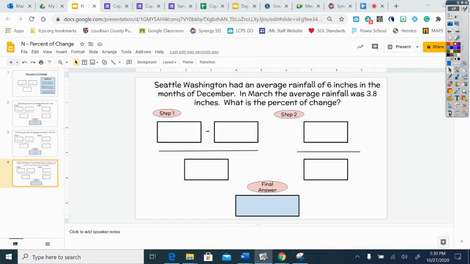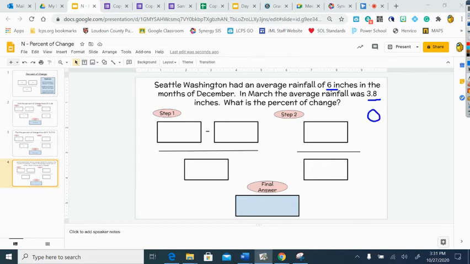This last problem will be like a real world scenario. It says Seattle, Washington had an average rainfall of 6 inches in the month of December. In March, the average rainfall was 3.8. What was the percent of change? Well, March comes before December. So we're going to say that this was the old and the new one is what it would be in December.